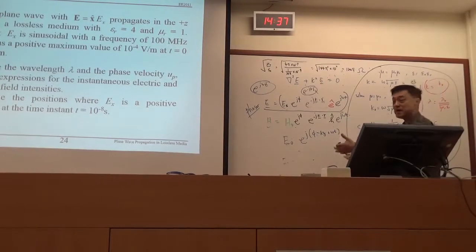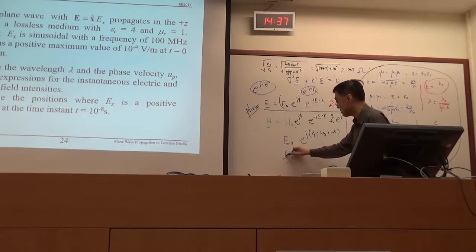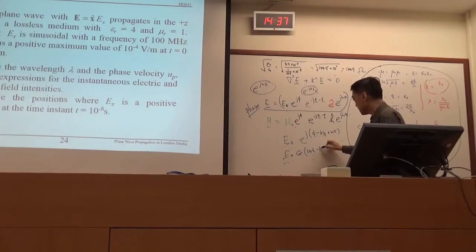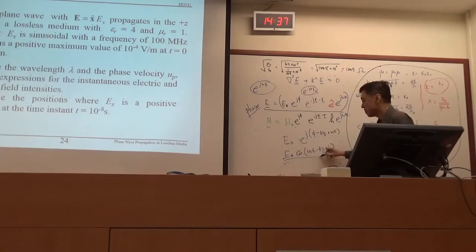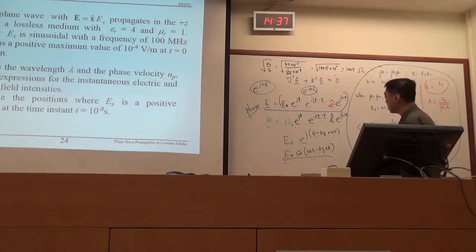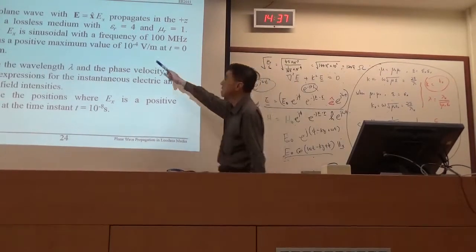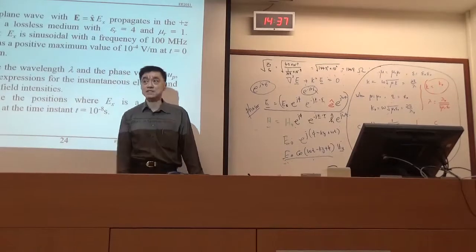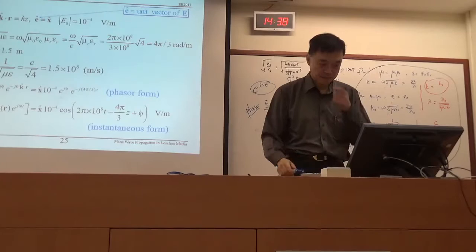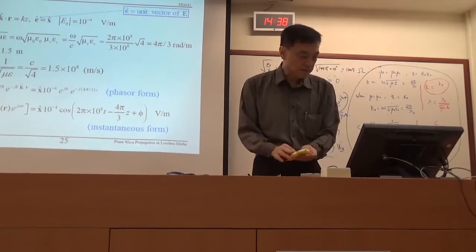Then you can have real part and imaginary part. You take the real part, it becomes cosine of omega t minus k z plus phi. So this is your instantaneous form, and this is in the ux direction. You know it's the ux direction because it is given that it is polarized in the x direction. Okay? So far, this is what you get.